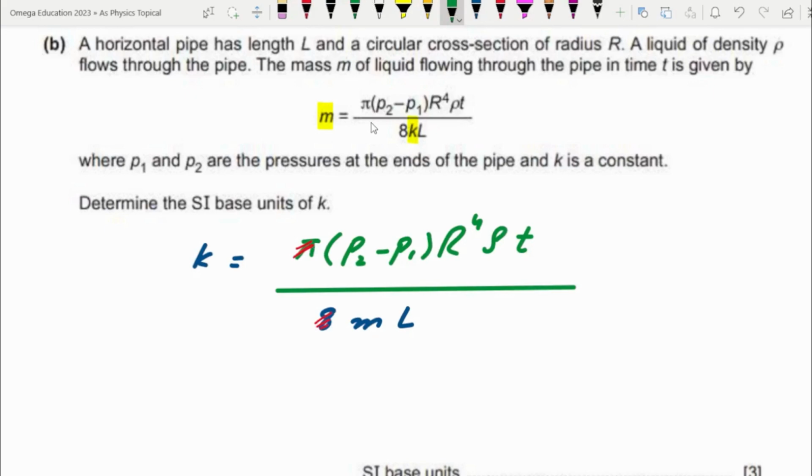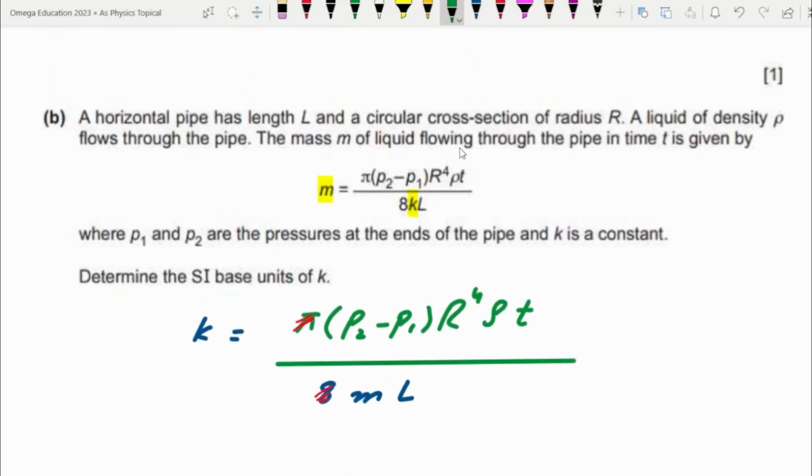Now let's talk about the quantities. What is P1 and P2? P1 and P2 are pressure. So P2 minus P1 would be the difference in pressure, and the difference in pressure would have the same units as the pressure. Some of the students make this mistake. They believe that if you subtract two values of pressure, the units would also be subtracted. Think about it.